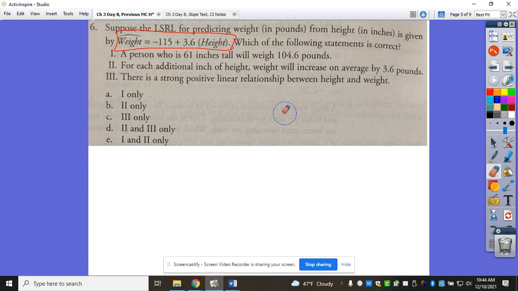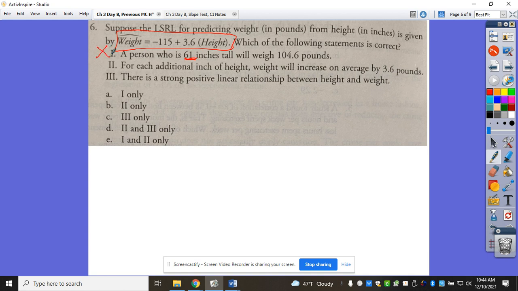So this first one, if I plug in 61 inches as my x, do I get 104.6? Yes. What does this one actually say though? If somebody is 61 inches, they're saying they absolutely have to be this weight. No other options.